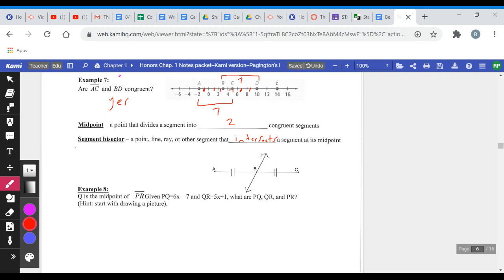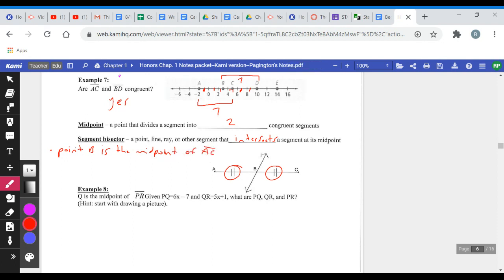So in this particular case, if I look at this picture, I can see that line J or point B is bisecting segment AC, meaning it's cutting it in half. And the way I know that it's the midpoint or the segment bisector and cutting it in half is I see these congruent marks here. So I know that B is right in the middle. So a few things I could say about this that you might want to add in your notes is that point B is the midpoint of AC.